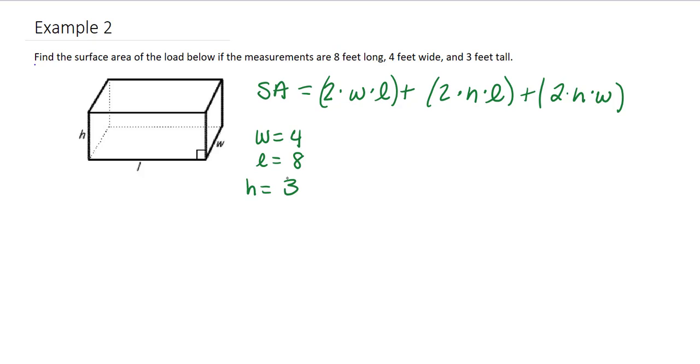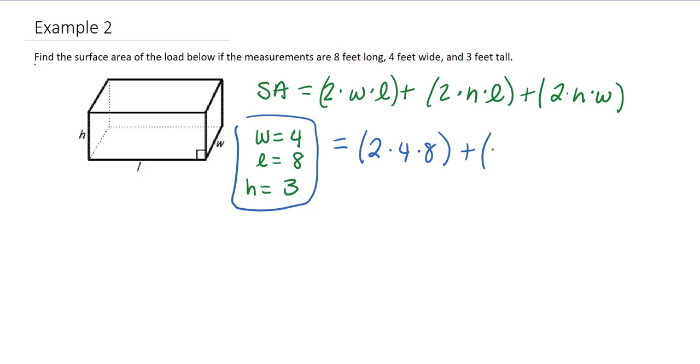Now we can put in our numbers. We get 2 times 4 times 8 plus 2 times 3 times 8 plus 2 times 3 times 4.